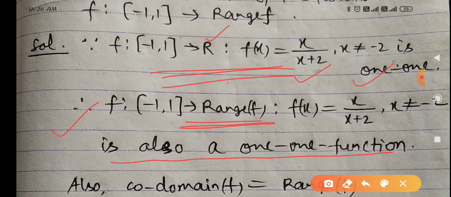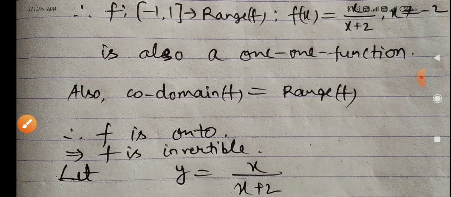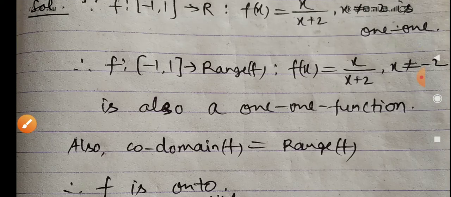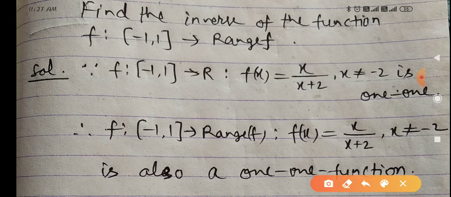So domain to range will also be one-one when the first one is one-one. Now onto: when codomain equals range, in place of codomain the range is given, for which you have to find the inverse. Again and again I am saying, for which you have to find the inverse, codomain equals range is given.